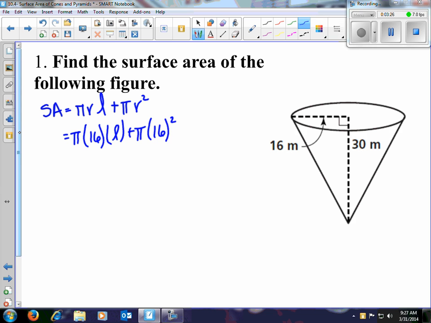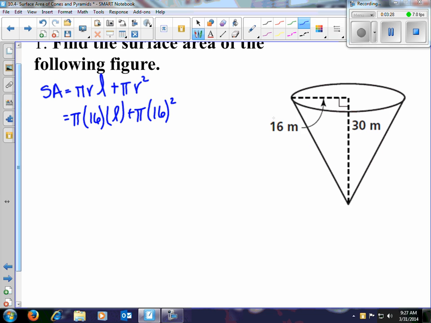Now, in order to figure out our slant height, notice that we have a triangle here. If I have this triangle right here that goes from here to here and then up and then this length here, this is going to be a right triangle. So I can use the Pythagorean theorem to figure it out.